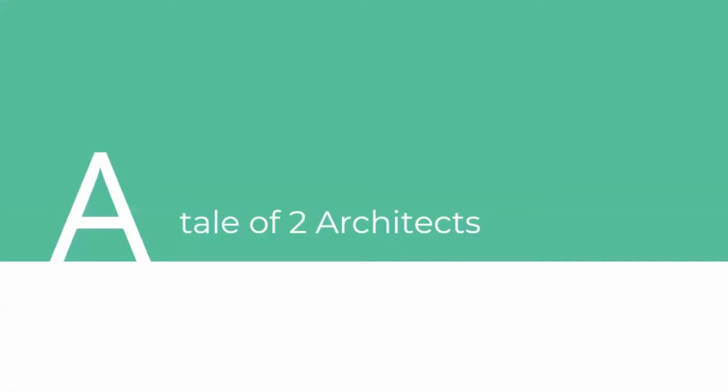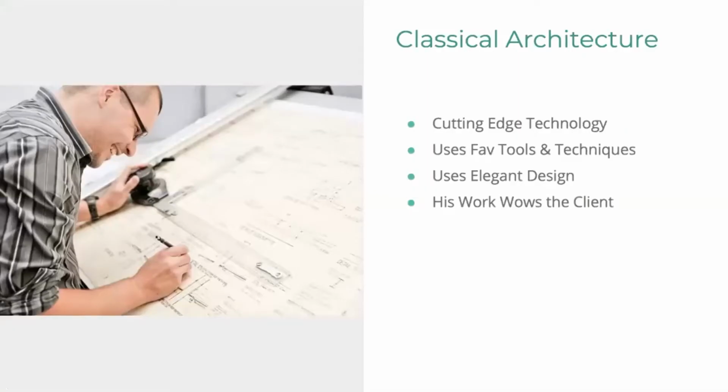Okay, so to start with, I want to start with a story, a tale of two architects. A company recruits two architects. One architect practices classical architecture, and he's been given a task to construct a building.